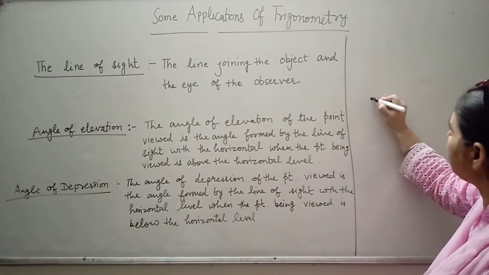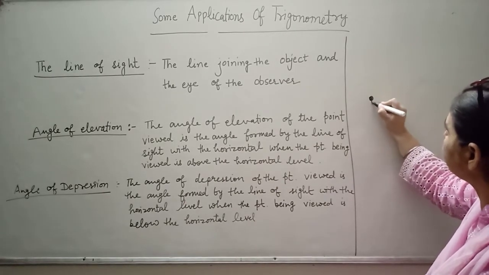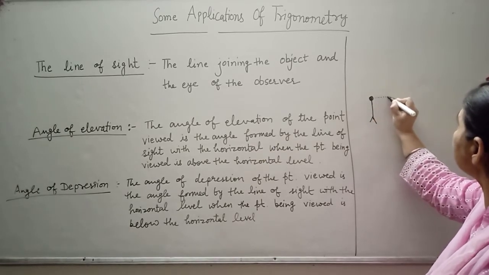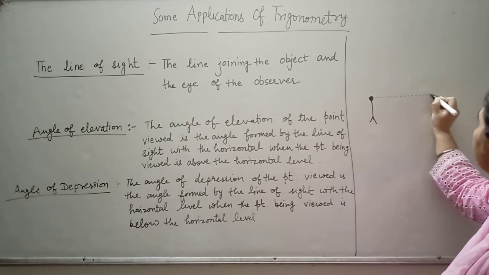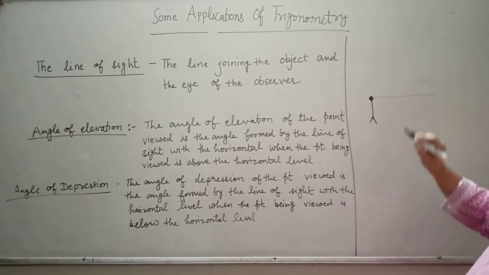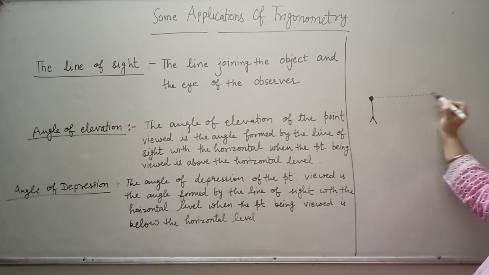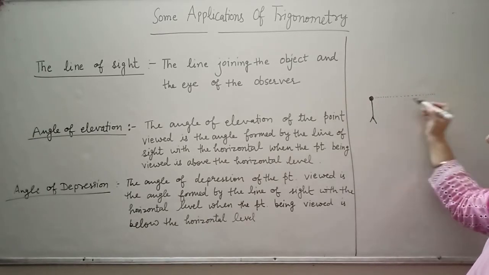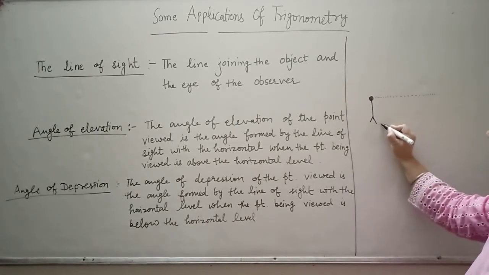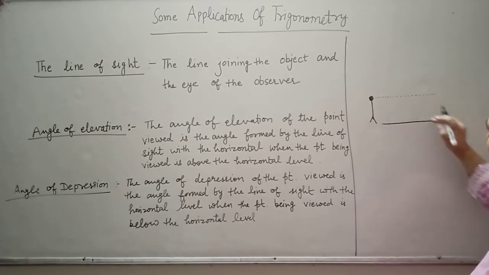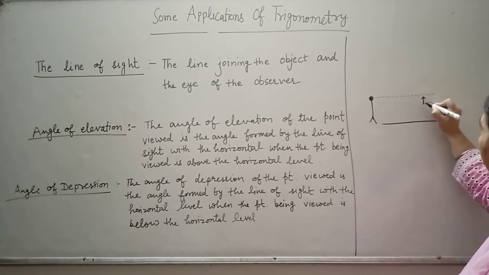Suppose there is a person standing here, and this is the eye of that person. If he looks straight forward horizontally, parallel to the ground, then this is known as the horizontal level.